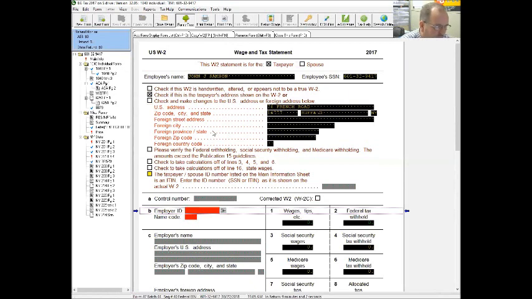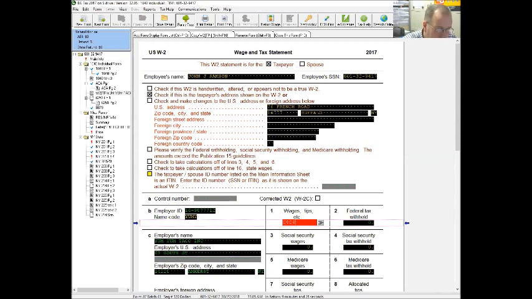His address was correct on the W-2. We have his employer identification number. Because I've done some of these problems other times, this name code and the employer name down here will autofill. You're probably having to type yours in because there's no database in there with all the different EIN numbers, okay? I'm going to put his income.